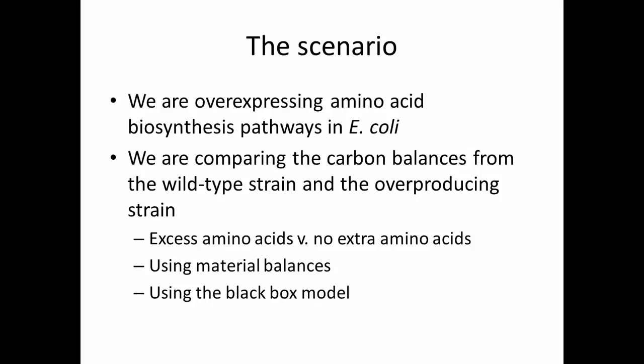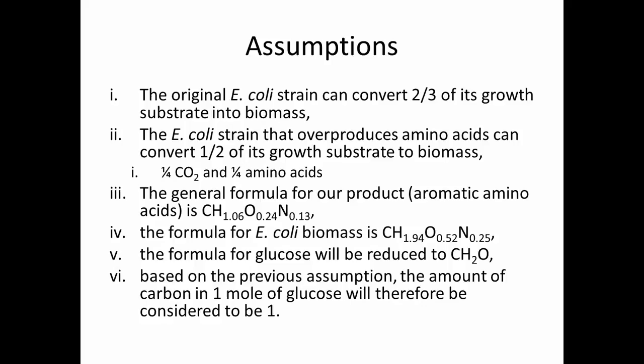So essentially we'll look at excess amino acids versus no extra amino acids. We'll use the material balances, we'll use black box model, and start to look at this. And of course, like every good flipped classroom, we'll have some assumptions, and I've listed them here, and you can see them on the assignment sheet.